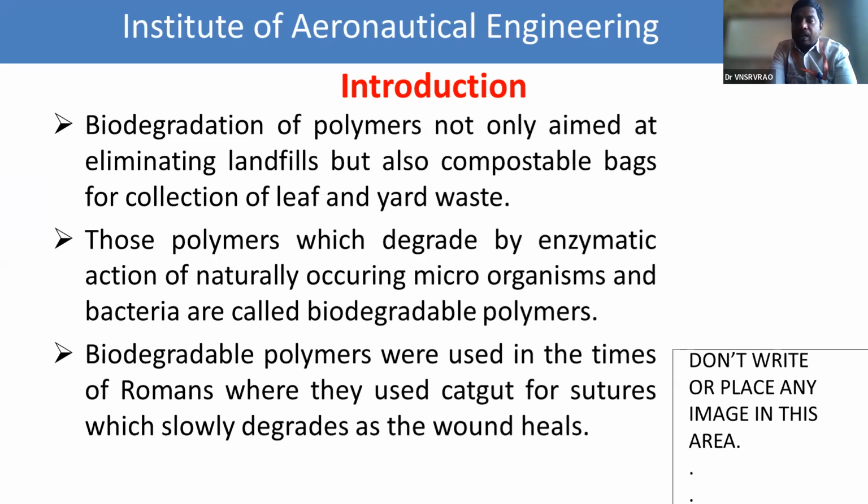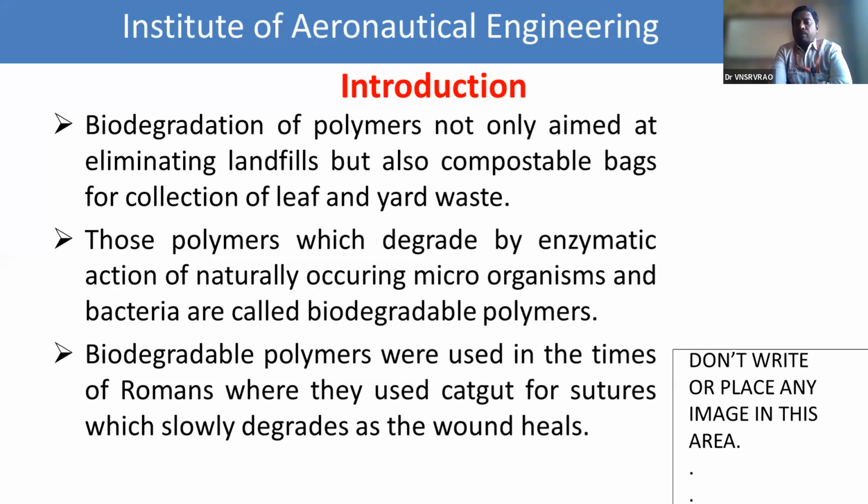Naturally occurring polymers means polymers obtained from plants and animals, like proteins and parts of plants, nothing but leaf and garden waste. All of this causes landfills. Those polymers which are degraded by the enzymatic action of naturally occurring microorganisms and bacteria are called biodegradable polymers.